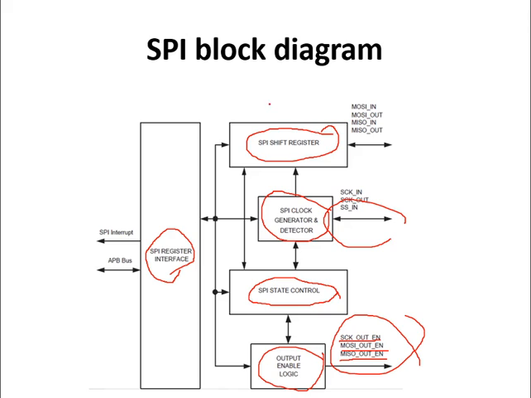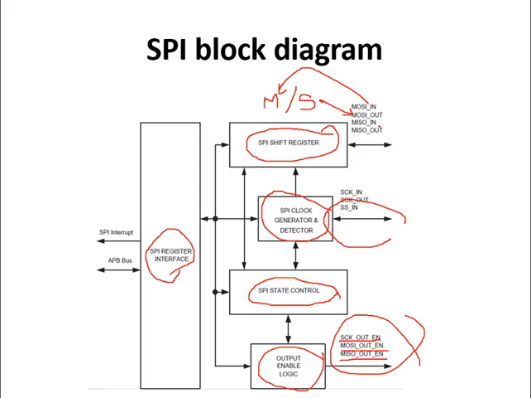Either it can work as master, and when it is in master mode, the MOSI in signal is connected. Or it can also act as a slave, and when it is acting as a slave, the MOSI out signal will be given.